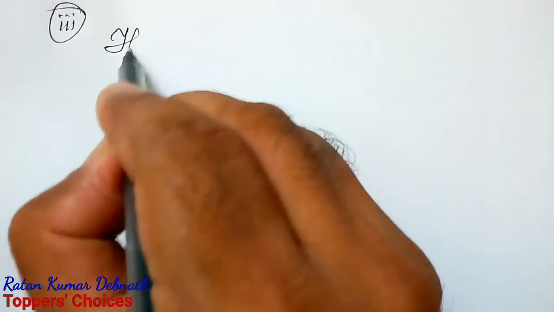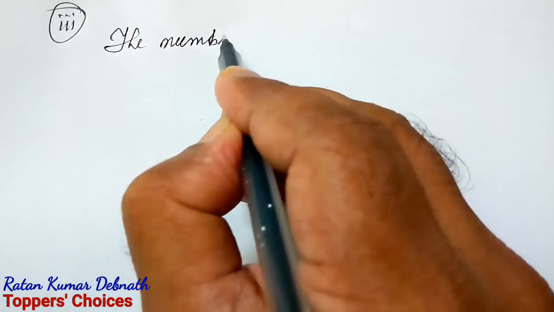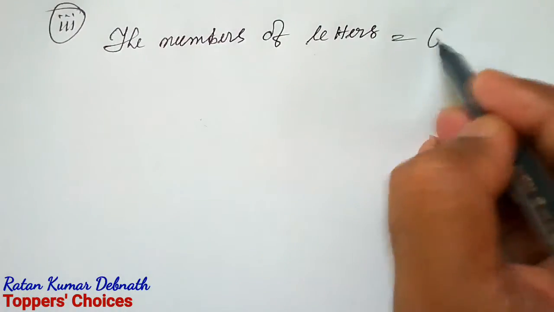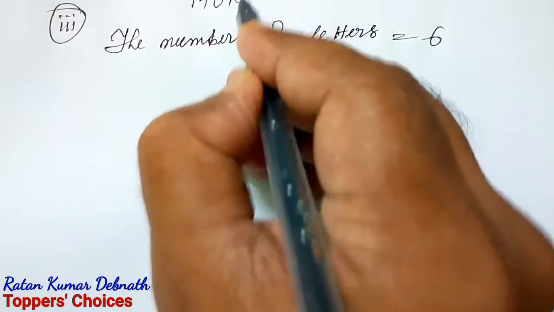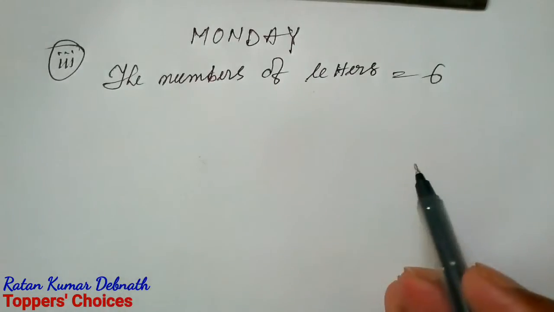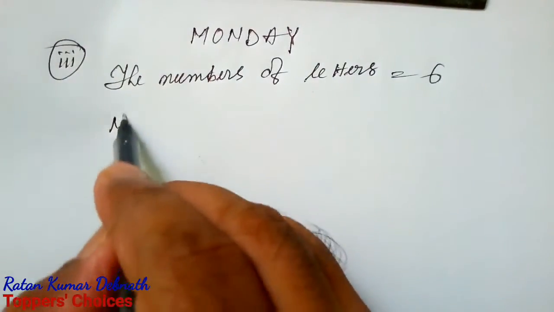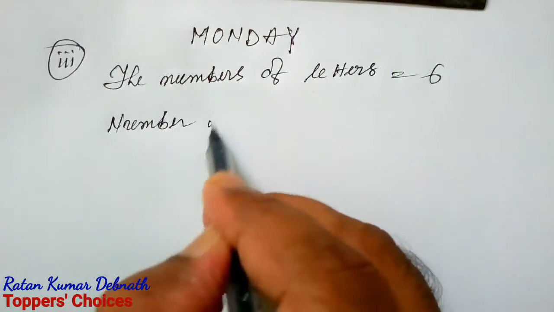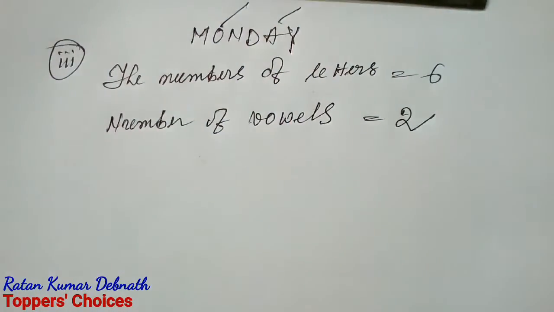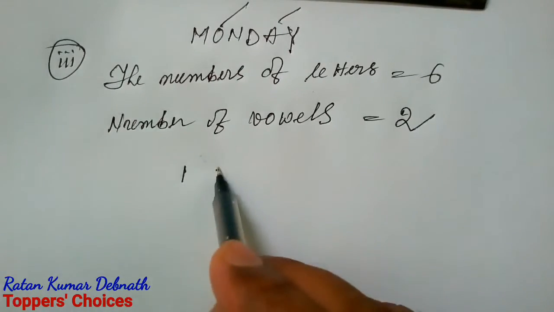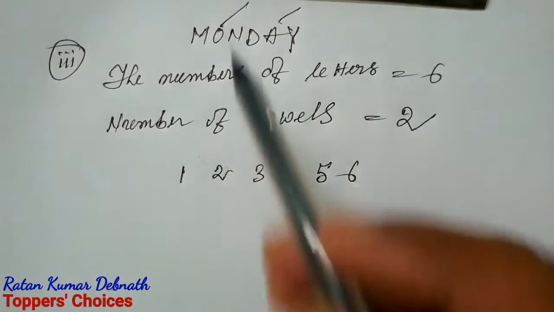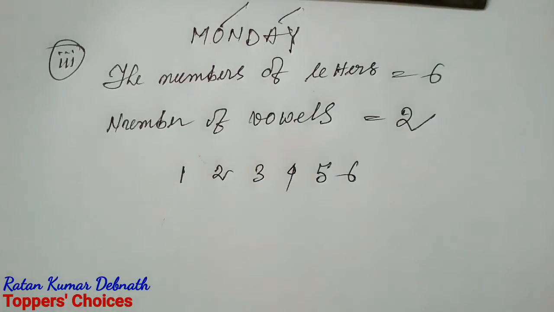The number of letters equals 6, and the number of vowels is 2, O and A. According to the question, we have to place O or A at the first place.